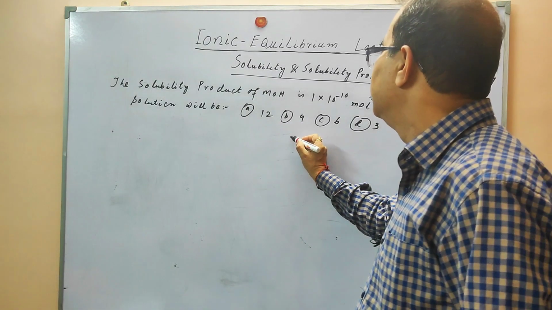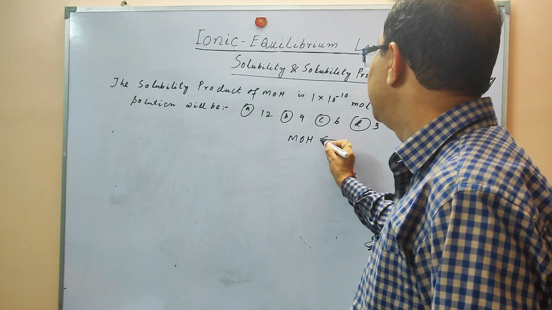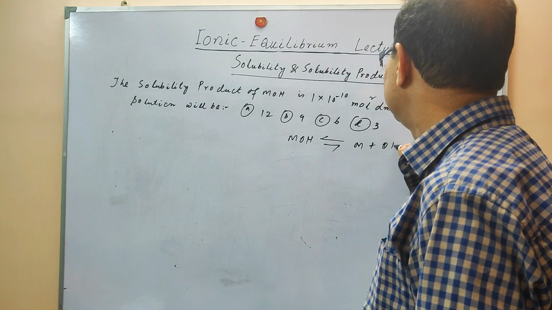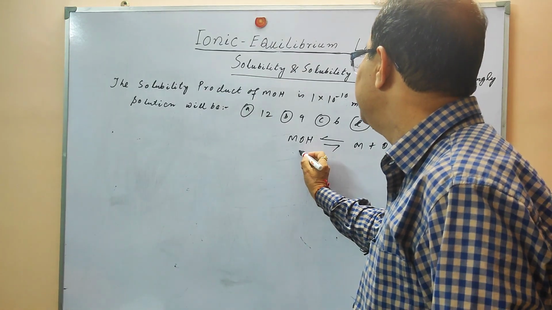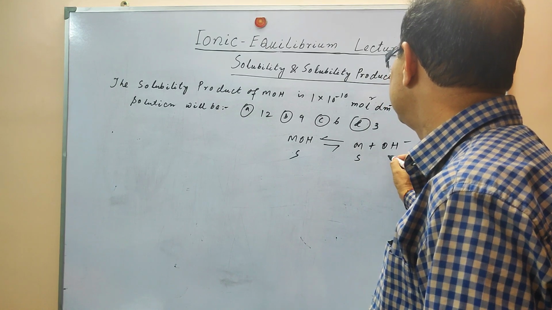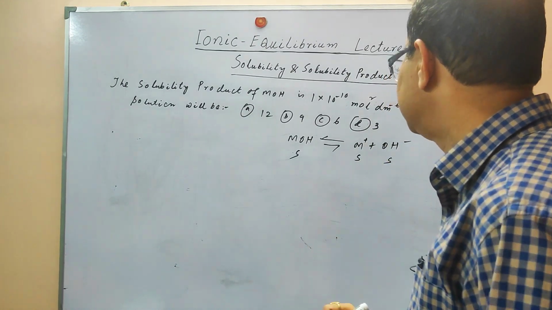So for that we have to first write the ionization equation. Suppose solubility is S, so it will produce S moles of M plus and S moles of OH minus.